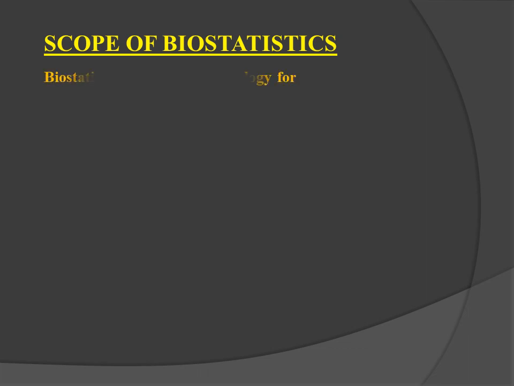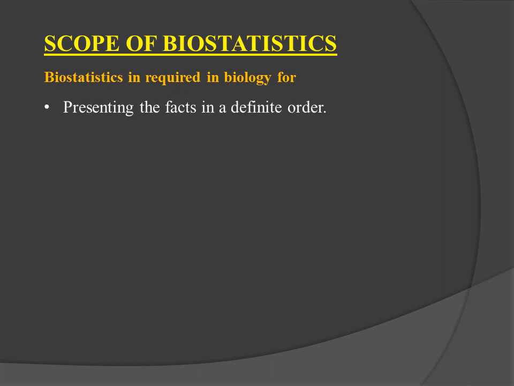Biostatistics in biology is used for various purposes. For example, presenting the facts in a definite order, that is, presenting the details of an analysis in a particular order. Simplifying the mass of figures.